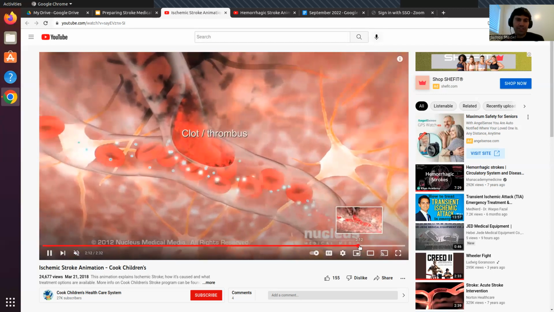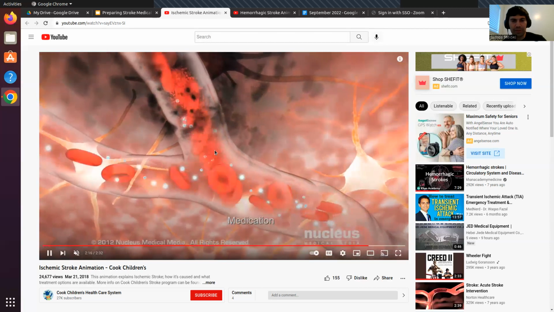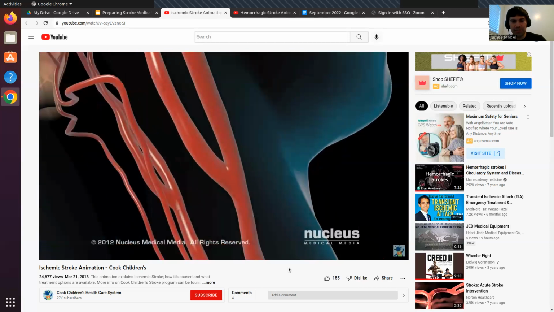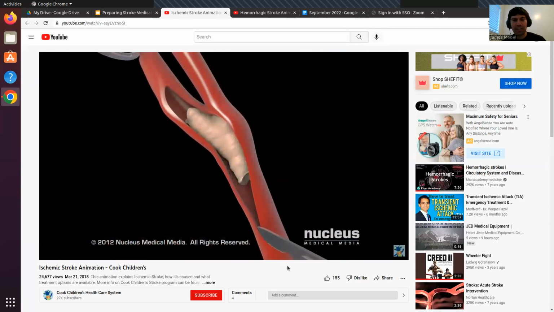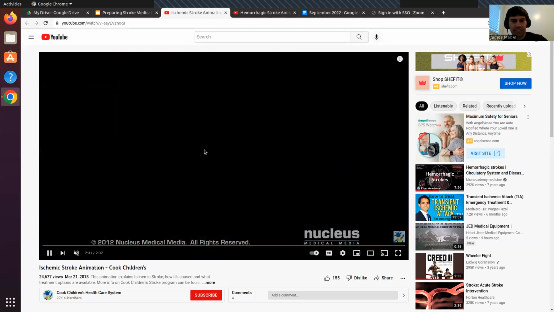So doctors and specialists will prescribe medication to dissolve that blood clot. In some cases, they'll even do a type of surgery to remove the blood clot, etc.